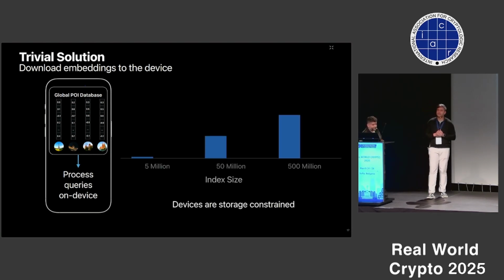But the domains that we are interested in is where these indexes can go from 5 million or like single-digit million to tens or hundreds of millions of entries. And what that means is just to power one feature for one domain, you would potentially need to sync gigabytes or tens or hundreds of gigabytes of data. Additionally, the embedding itself is probably not enough to make a decision.